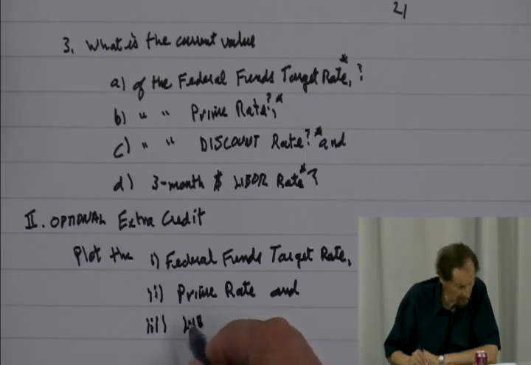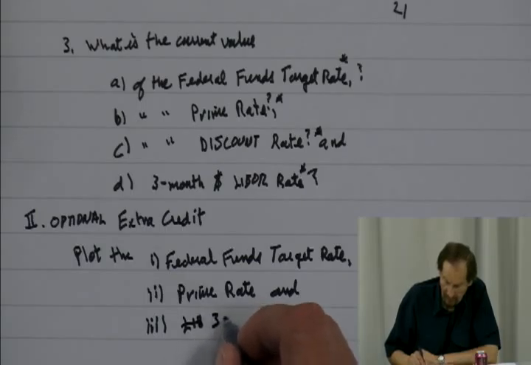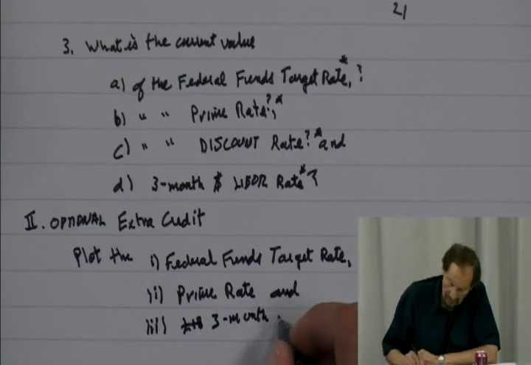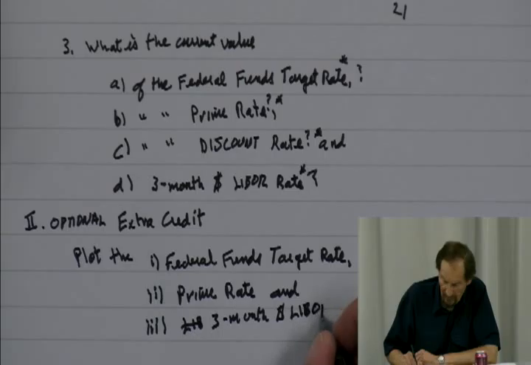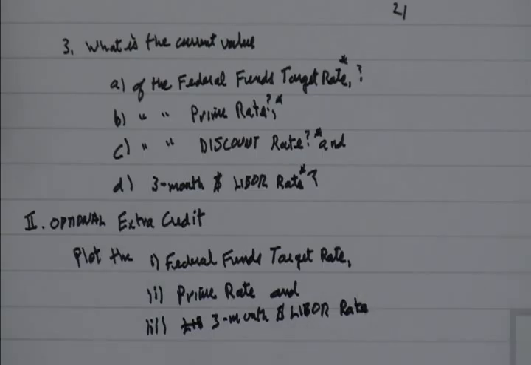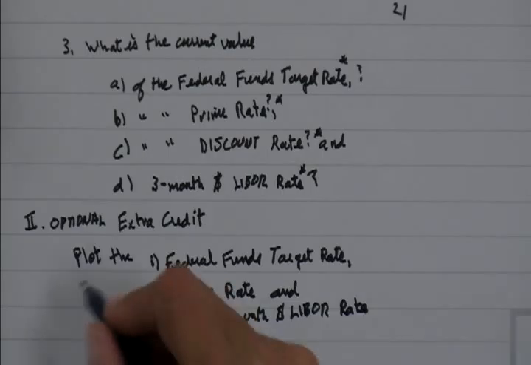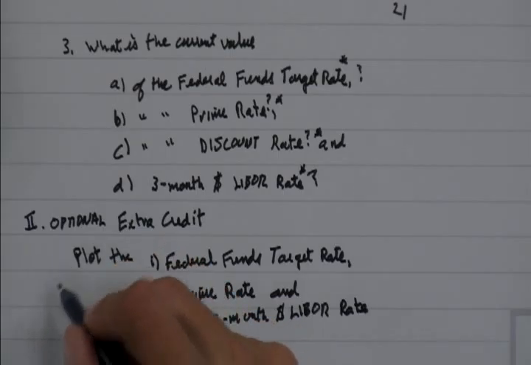And let's make that the 3-month dollar LIBOR rate, because the LIBOR rate is stated in different currencies, even though it says the London Interbank Offered Rates. Okay. Now, this is 1.